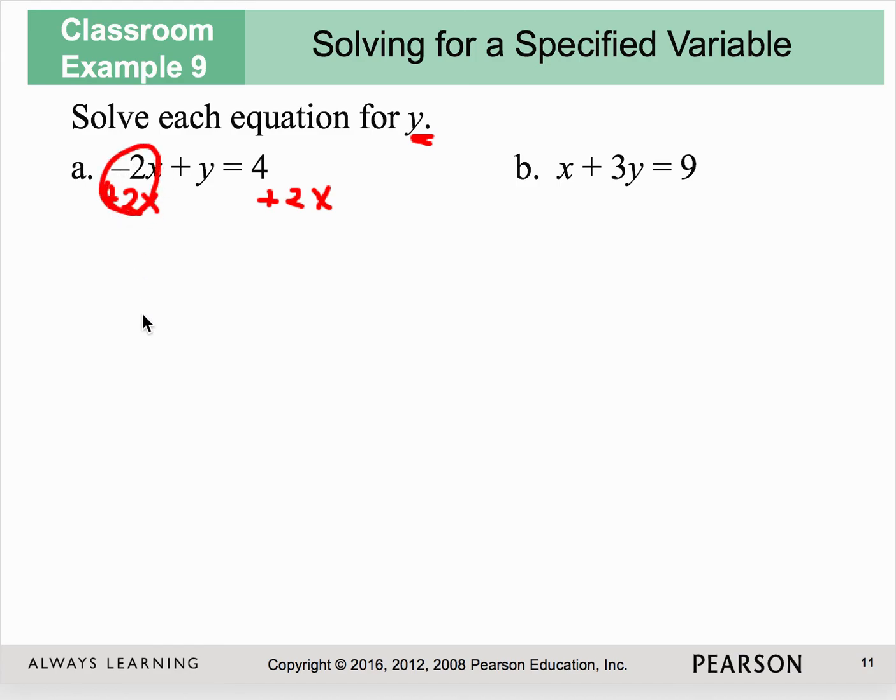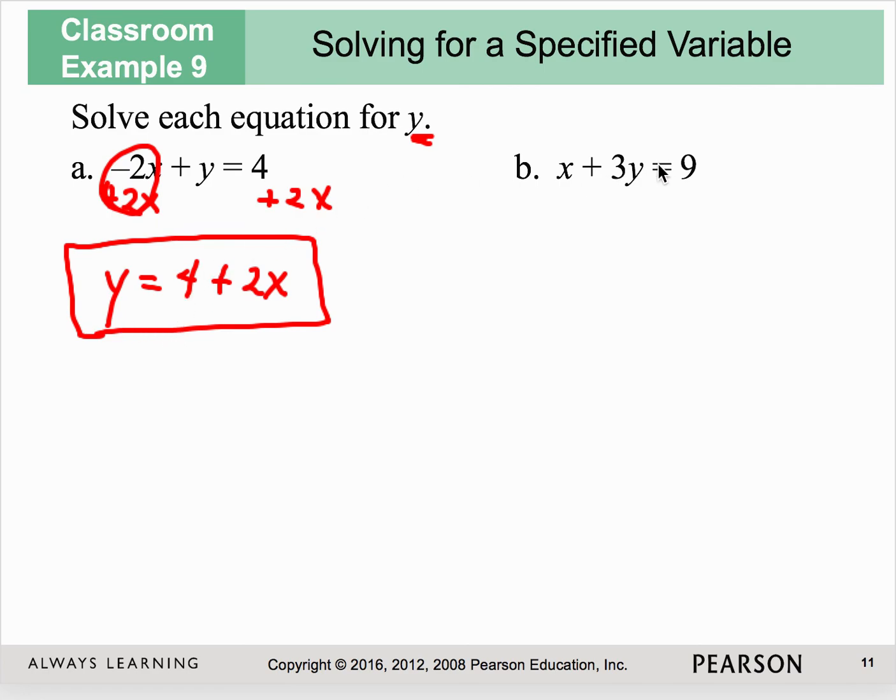So now that's gone. Y equals 4 plus 2x. Okay. Undo anything being added or subtracted to the y. Okay, and let's divide by 3.